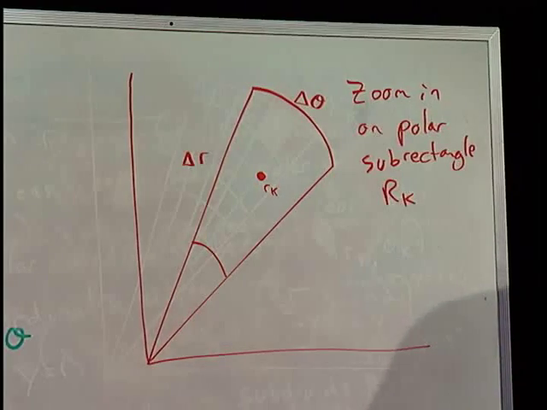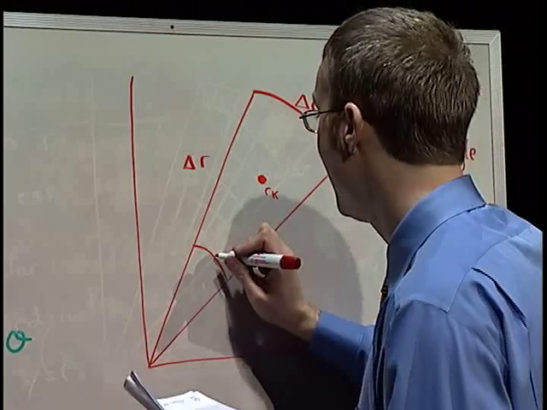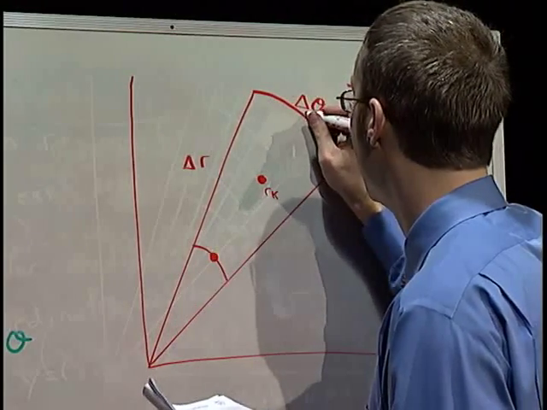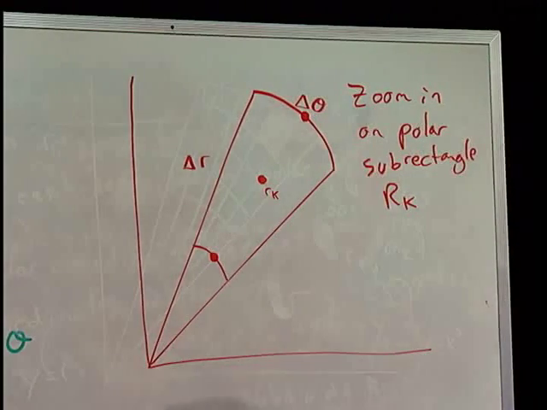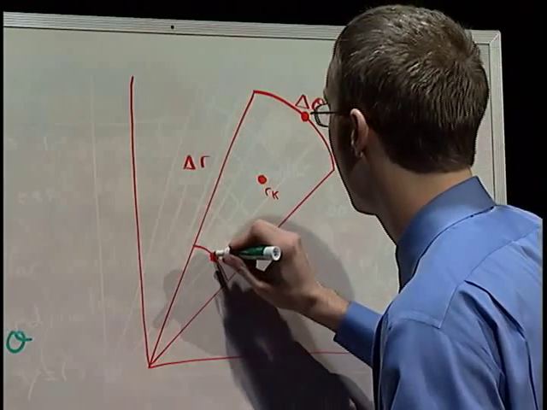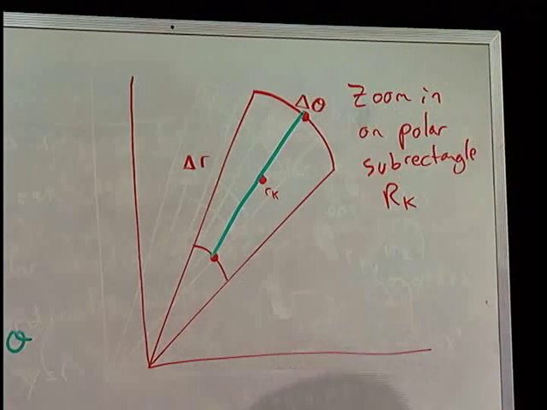Now, the question is, what is this r measure down here, and what is this r measure down here? Maybe we can draw a line here and show what's happening.